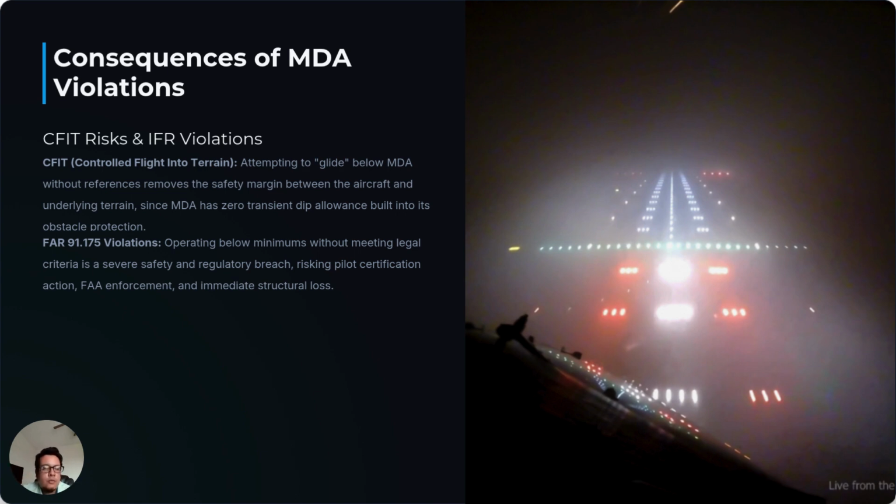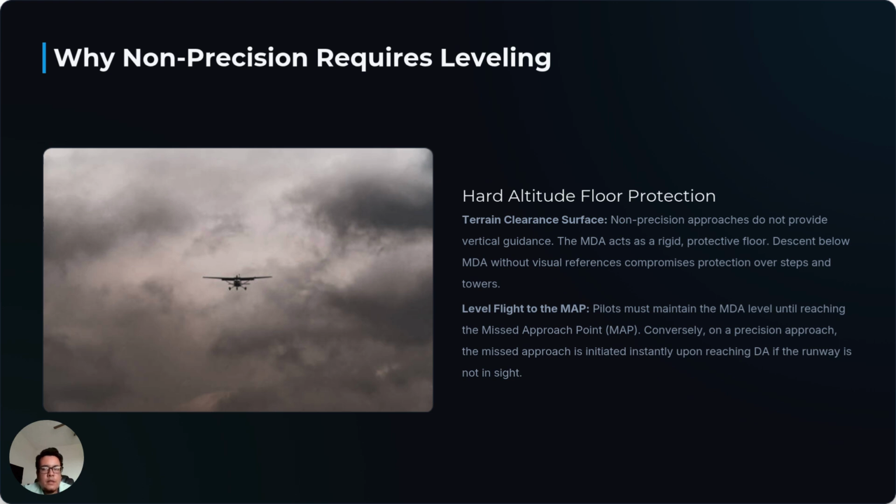In a few words, we cannot glide below the MDA because we have no guarantee of terrain clearance. In doing so, while violating 91.175, we will also find that there are legal consequences, even risking the pilot certificate. And of course, we could crash.